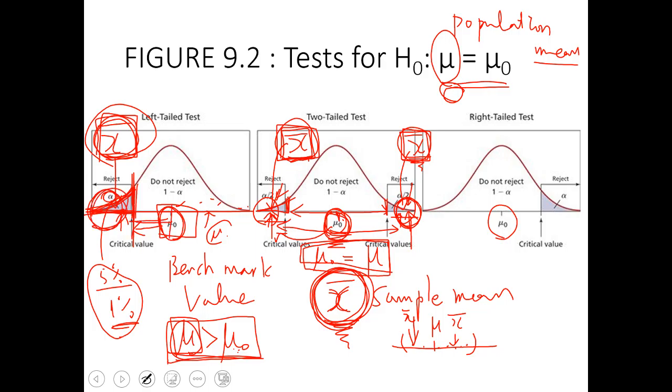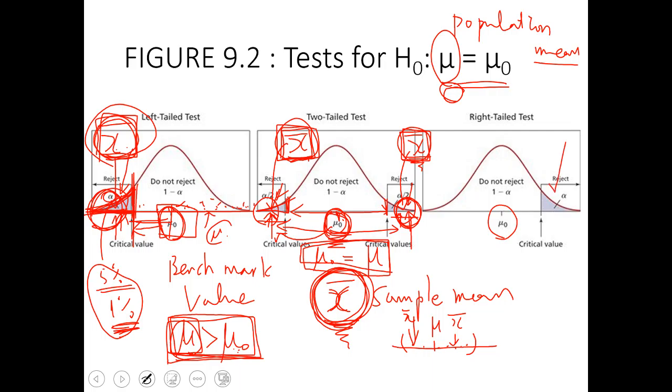X bar can be located everywhere, but the probability that x bar is located in this area is less than 5% or less than 1%. That means this event may happen with 5% low probability or 1% low probability. In this case, we cannot say that mu is greater than mu 0.